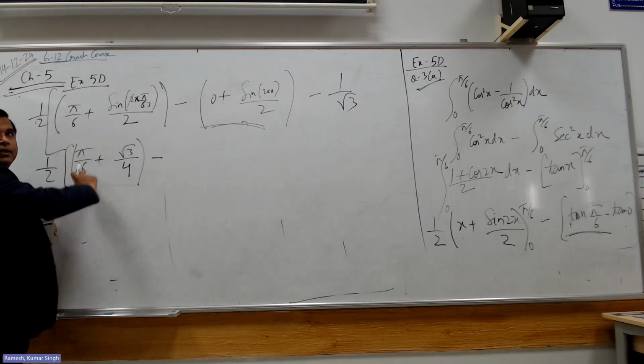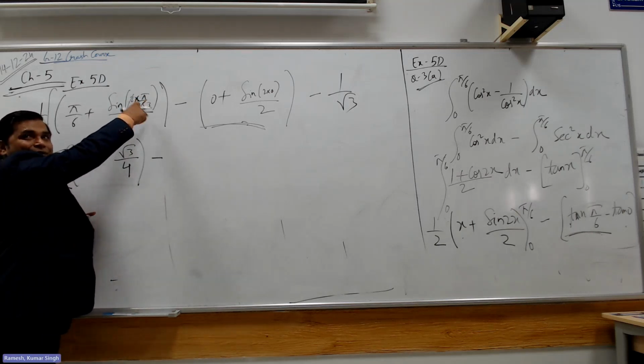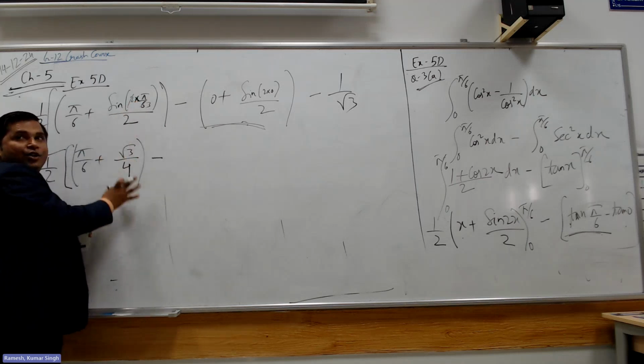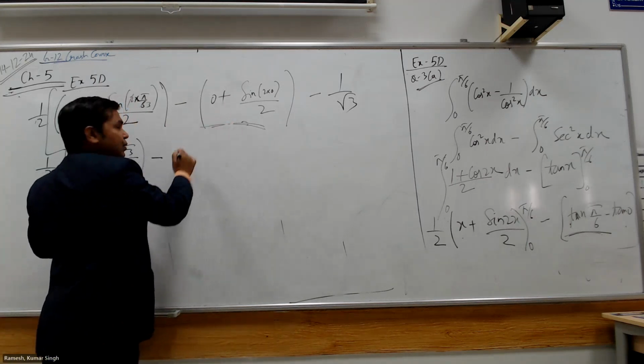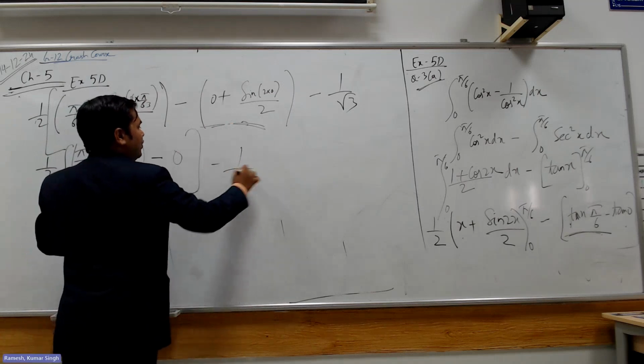Pi by 6. Sin pi by 3 is root 3 over 2, divided by 2 is root 3 over 4. Is that clear? This is 0, minus 1 over root 3.